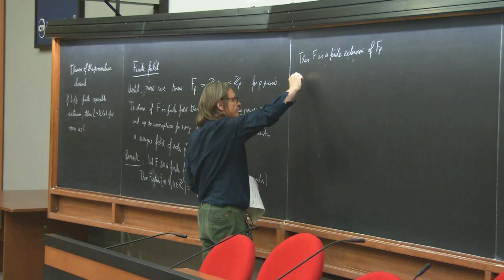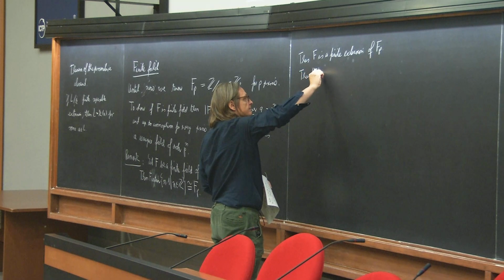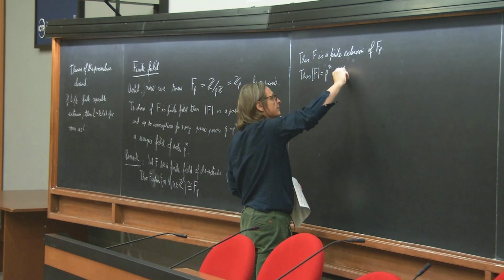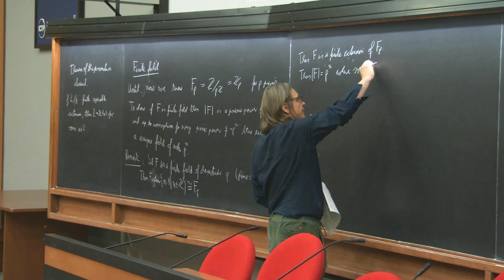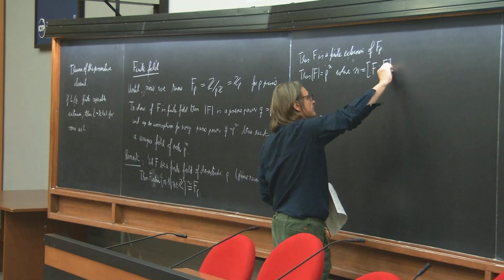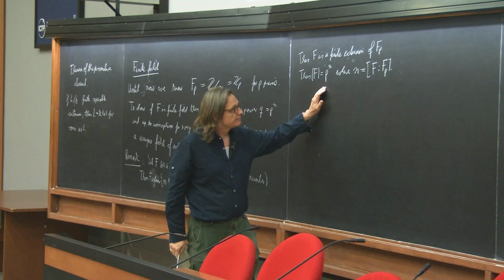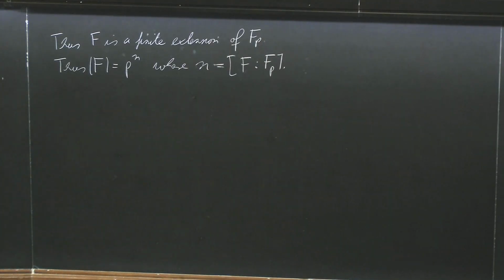And thus the number of elements is equal to p to the n, where n is equal to the degree of F over F_p, because it's a vector space of dimension n over F_p, and so it has p to the n elements. Most likely one can also do it in easy ways from the Sylow theorems, but this is how I want to see it here.